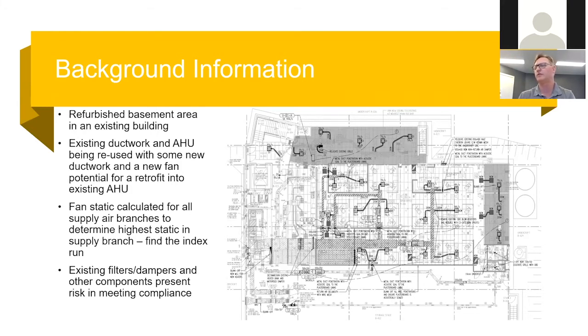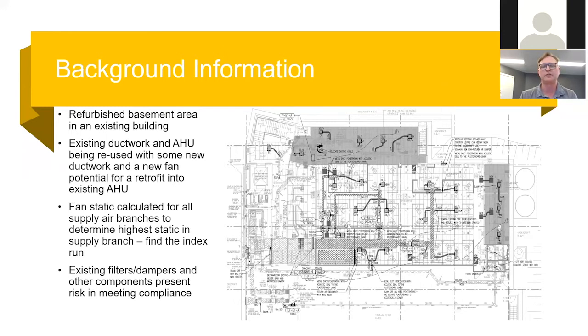In this particular instance, all of the main branches for this particular system ended up with very, very similar static pressure losses. So the index run was actually chosen as the run with the largest airflow quantity on it.